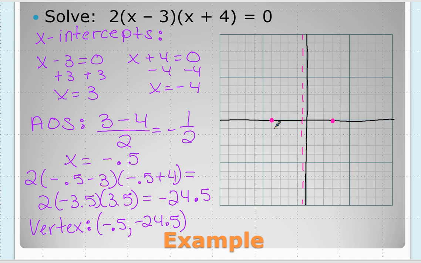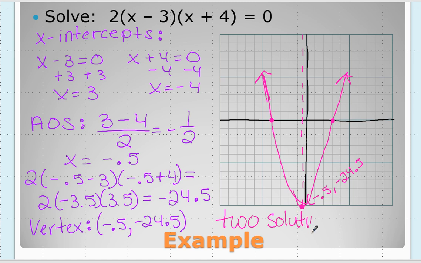And my vertex is at, I'm going to make a point down here, negative 0.5 and negative 24.5. We already have our solutions because they give you the x-intercepts. So our two solutions, or roots, or zeros, are negative 4 and 3.